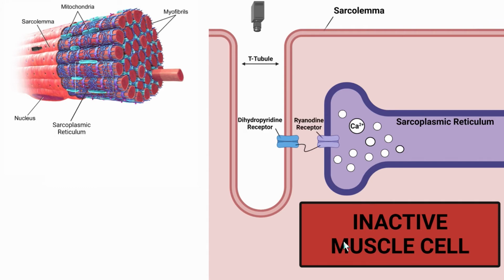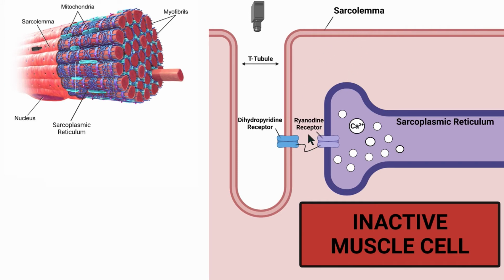Okay, so this trench that I was talking about earlier is called the T-tubule, and it allows for a signal, and we'll go into what that signal is later on, but it allows for a signal to actually travel down the sarcolemma and activate this receptor, the first receptor which is found on the sarcolemma.